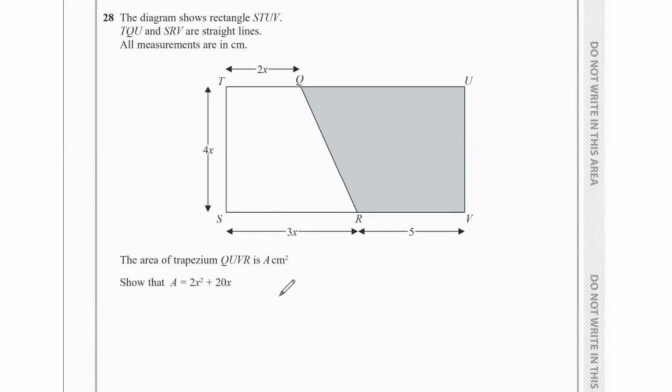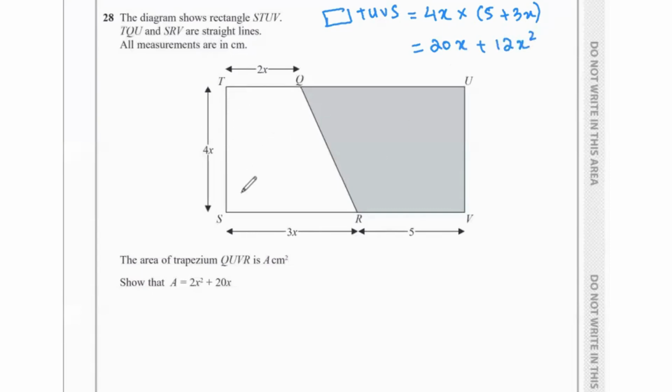So for this question, what we're going to do is begin with finding the area of the rectangle TUVS. That's going to be 4x times 5 plus 3x. So that's going to be 20x plus 12x squared.